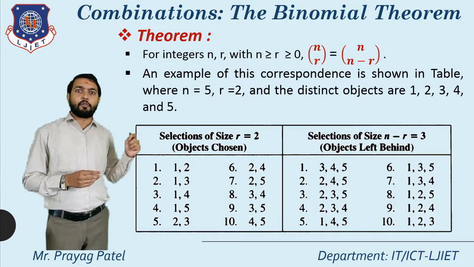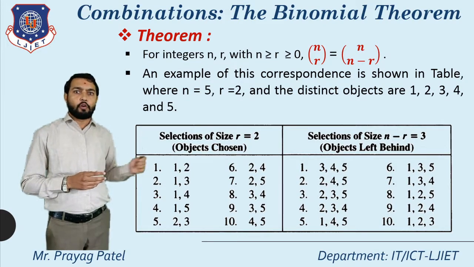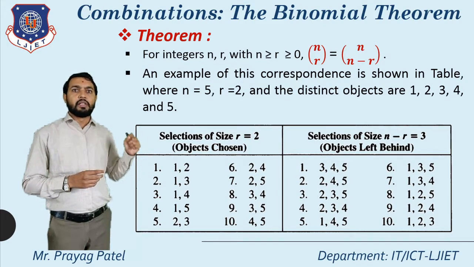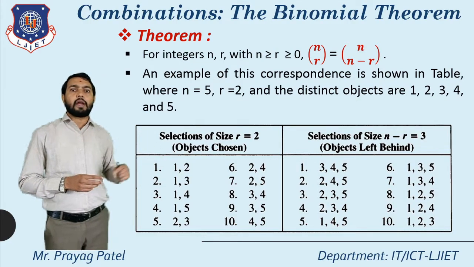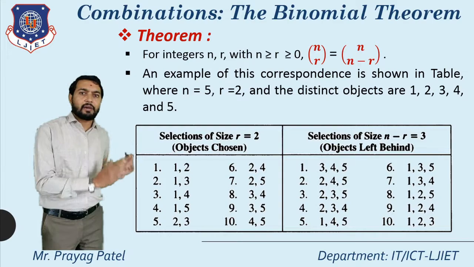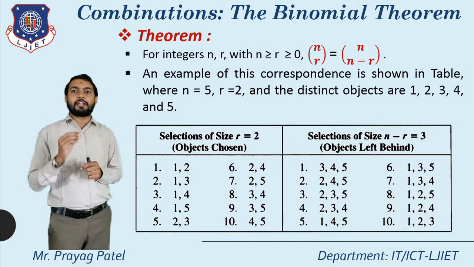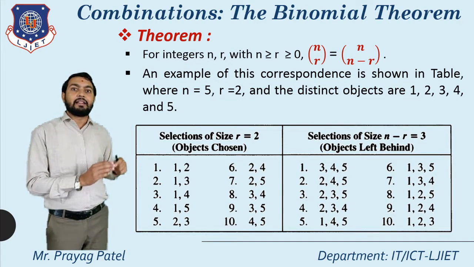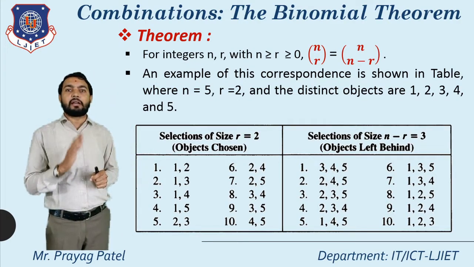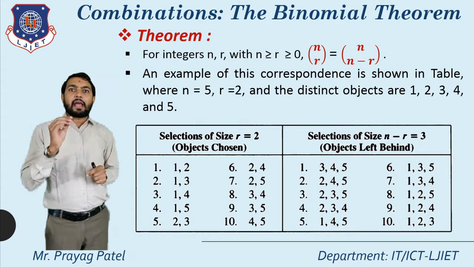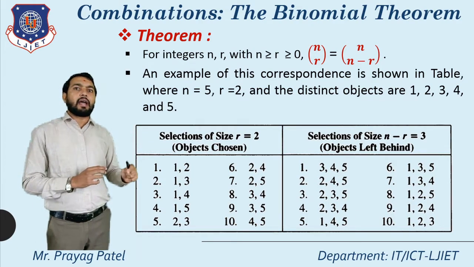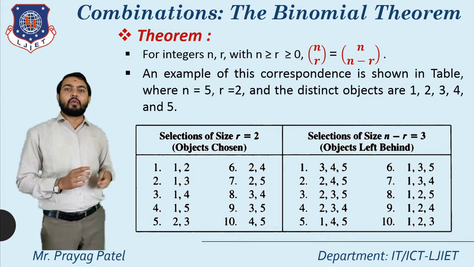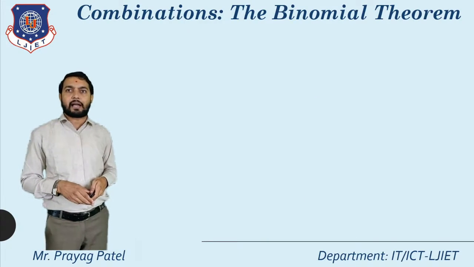First possibility is 3 4 5, 2 4 5, 2 3 5, 2 3 4, 1 4 5, 1 3 5, 1 3 4, 1 2 5, 1 2 4 and 1 2 3. So here also 10 possibilities. That means if we consider r equal to 2, then 10 possibilities. If we consider n minus r, then also we have 10 possibilities. That means our theorem is proved, nCr equal to nC(n minus r).